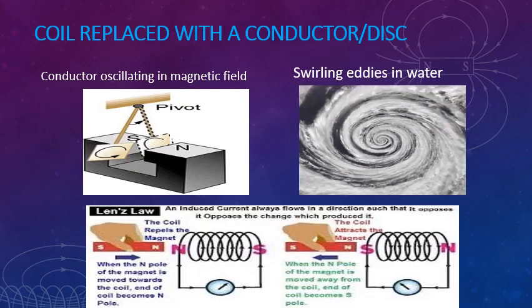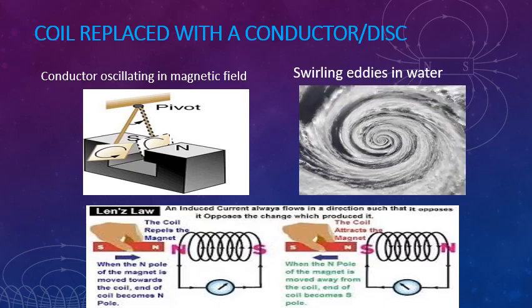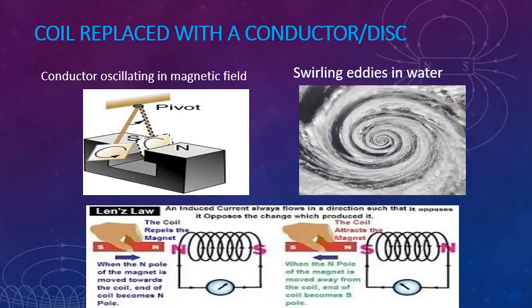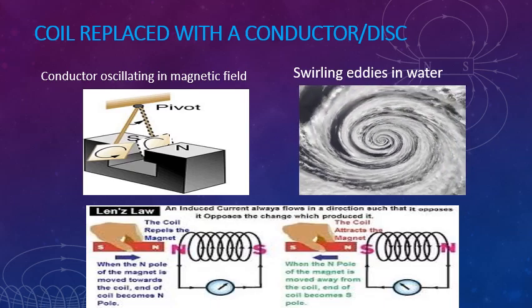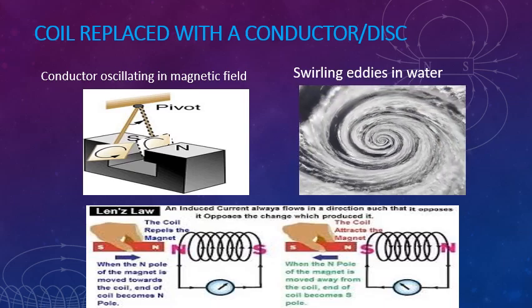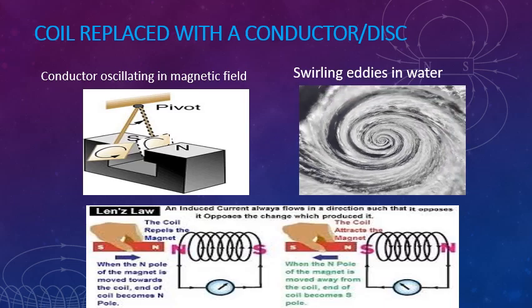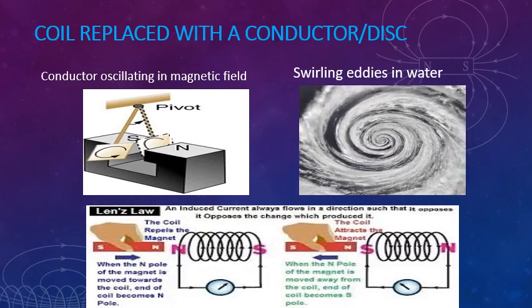Now, let us allow the conductor to oscillate in the absence of a magnetic field. Then, we can observe that it oscillates for some time and finally comes to rest. If we apply a magnetic field and allow the conductor to oscillate, then it will oscillate for a lesser time compared to the oscillation in the absence of a magnetic field.